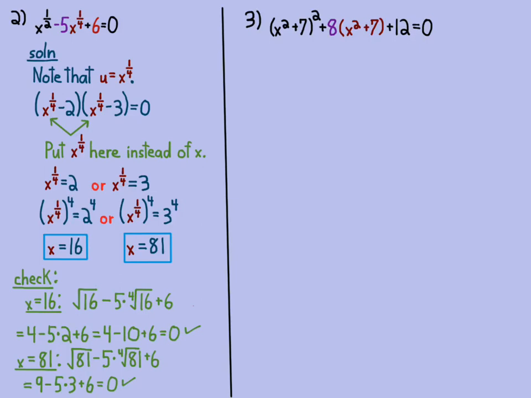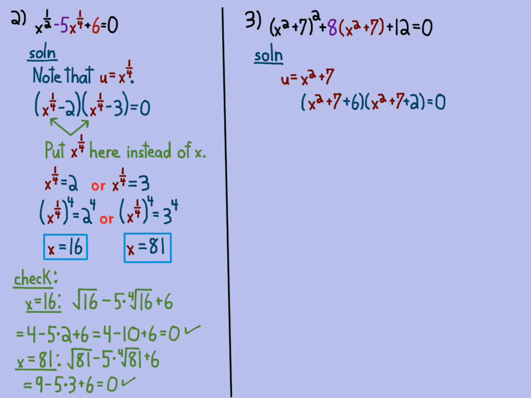Yeah, this is in quadratic form. Your u here, u is x squared plus 7. So it's u squared plus 8u plus 12 equals 0. Right? So here I would actually just put the u in. I should have just put the u in because the u is more complicated.